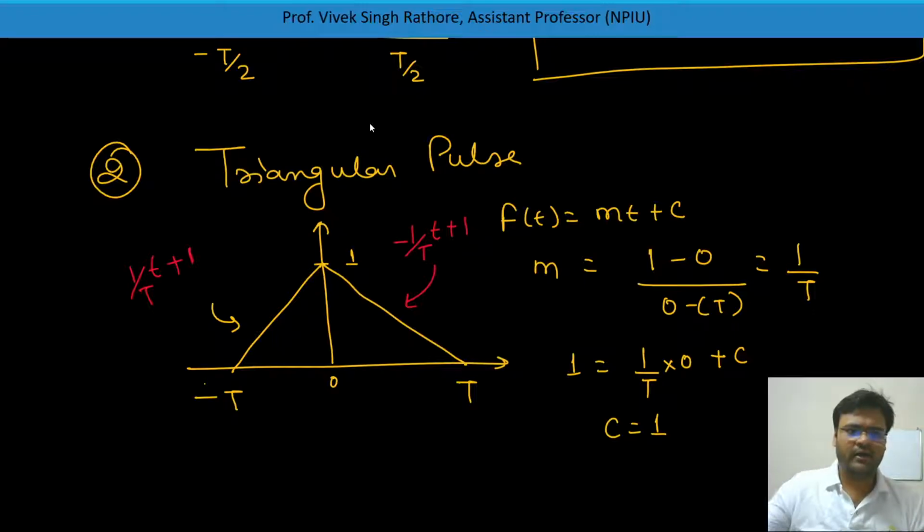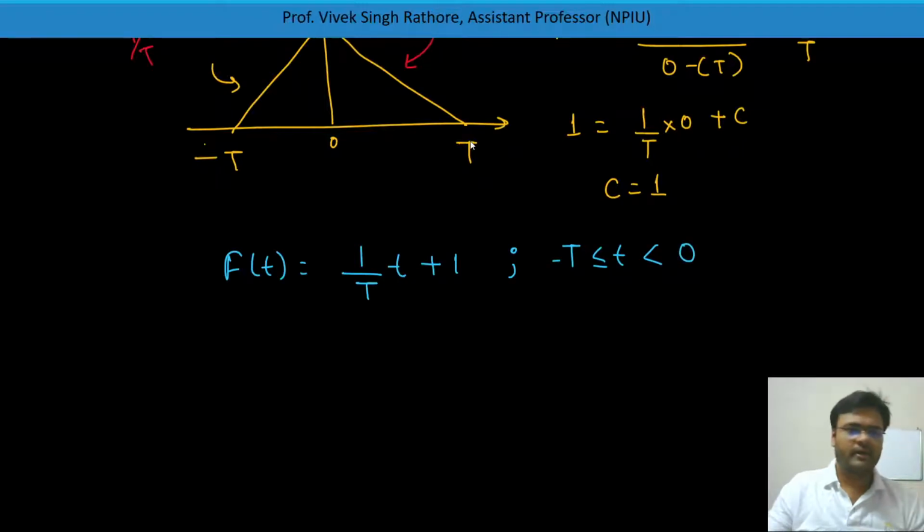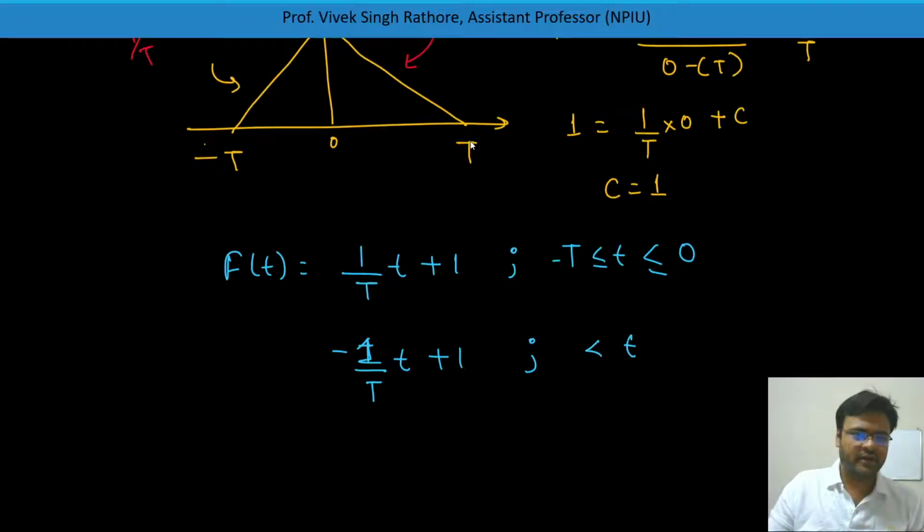So this triangular pulse can be represented as f(t) equal to t by T plus 1 for minus T less than t less than 0, and minus t by T plus 1 for t greater than 0 and less than T, and this will be 0 for other points.